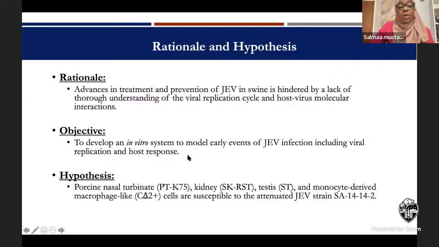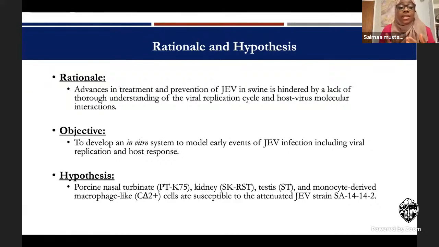So the objective was to develop an in vitro system for us to see the early events of JEV infection and replication and the host response, okay? So our hypothesis was that several cell lines will be susceptible to the JEV strain. We use the attenuated strain here, okay?